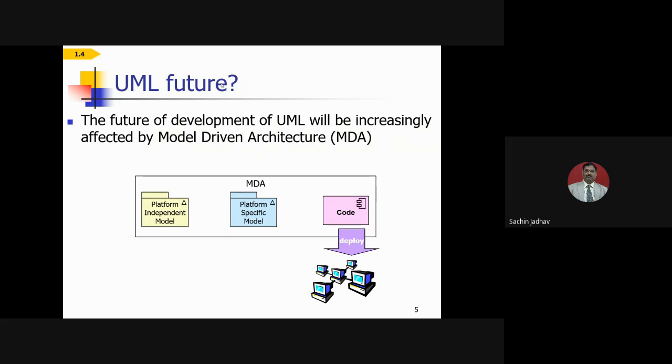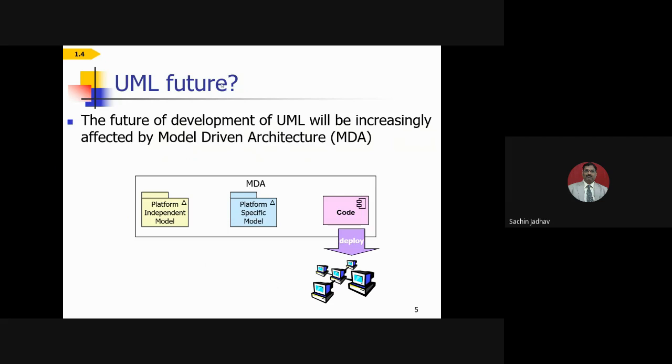Once the platform-specific model has been generated, different kinds of tools are available which directly generate code from those platform-specific models. The additional functionality is then added by the developer, and finally the system gets deployed in the customer's environment.